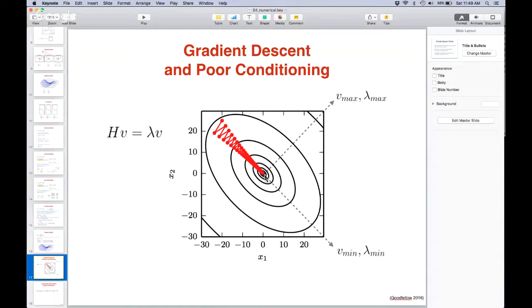The condition number large means the eigenvalues vary greatly in terms of magnitude.